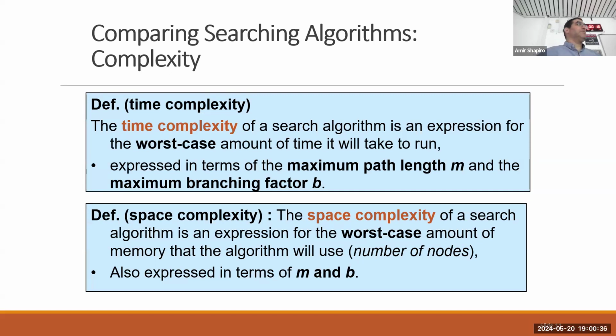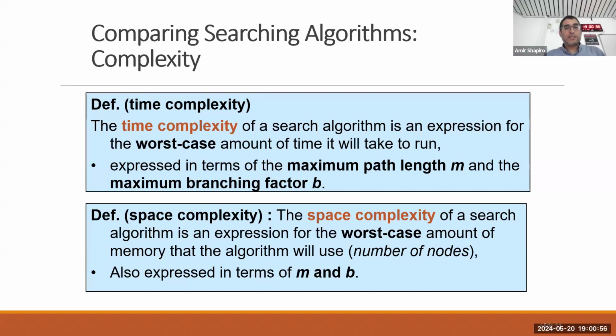In the worst case, for the worst graph there is, what will be the time, expressed in terms of the maximum path length and the maximum branching factor. This is for trees. We'll talk about branching factor in a minute.